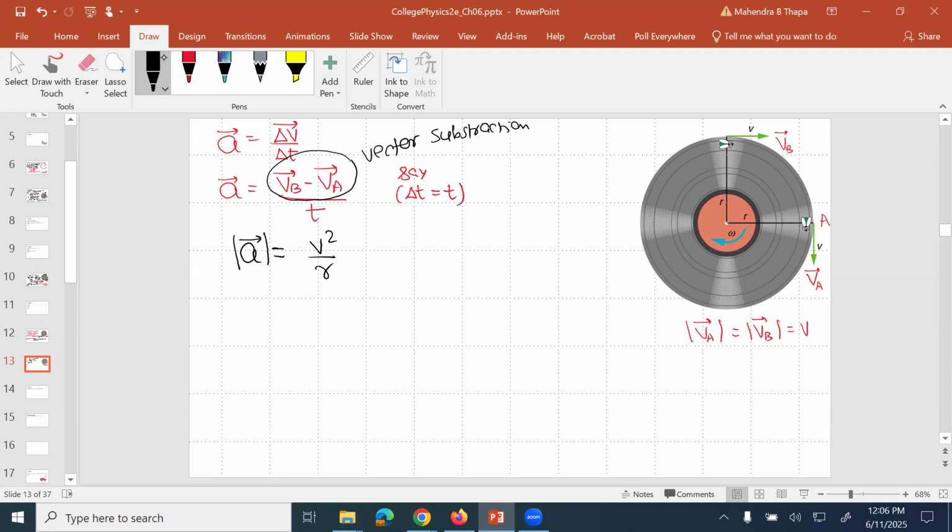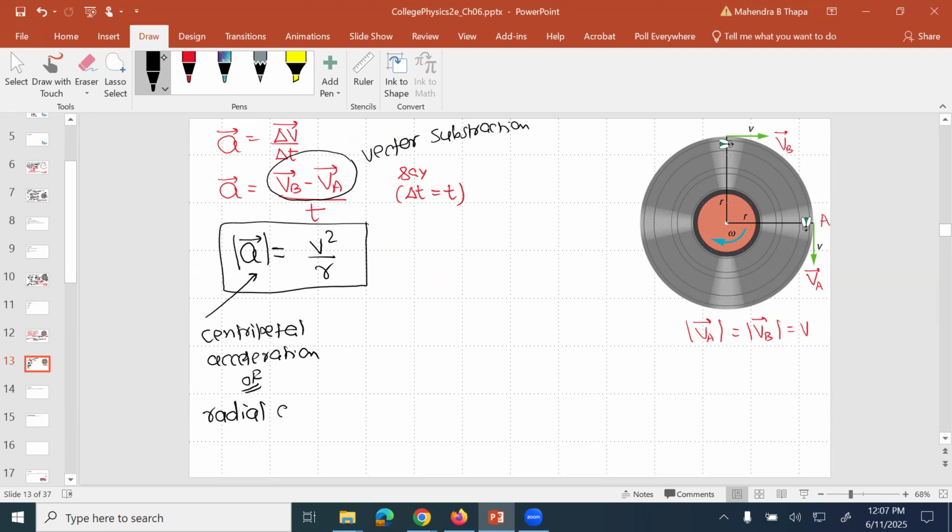This acceleration here is called centripetal acceleration, or we also call it radial acceleration. So this is only the positive value, so we call it the magnitude of centripetal acceleration.